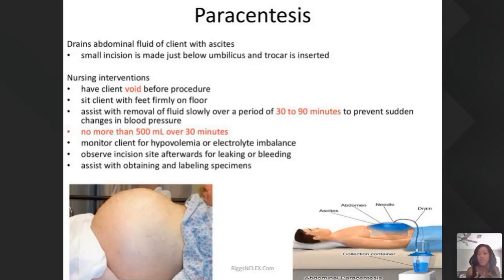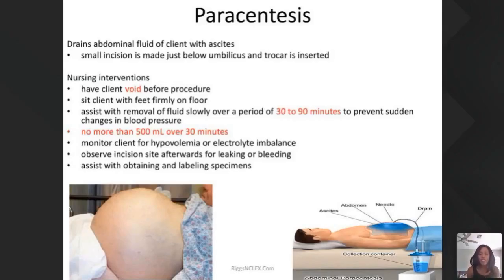We don't do arterial blood gases, but you still need to know about the Allen's test. So don't think, oh, I don't do that, I don't need to know about it. That's not the case. That's just the way it is.